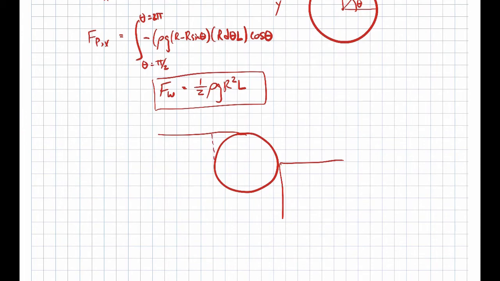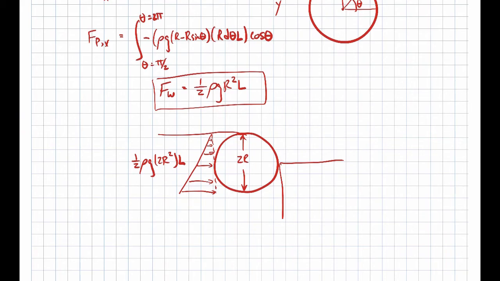What I mean by that, we've seen this in previous examples, is this will be the pressure force in the horizontal direction on the projected area looking in from the left-hand side, where this distance is 2r. And we know that that pressure force will be 1/2 rho g (2r) squared times L. We've done that kind of calculation many times before.